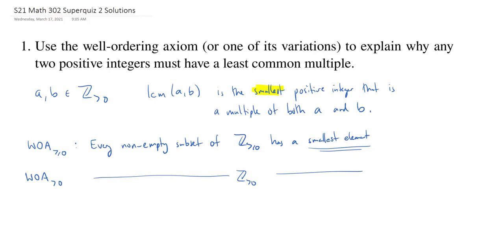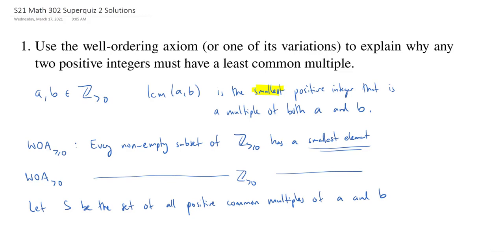Well, if I start with elements A and B, instead of asking for what is the smallest of all of the common multiples, what if we just ask for what are all of the common multiples, or at least all the positive common multiples? So let's let S be the set of all positive common multiples of A and B.